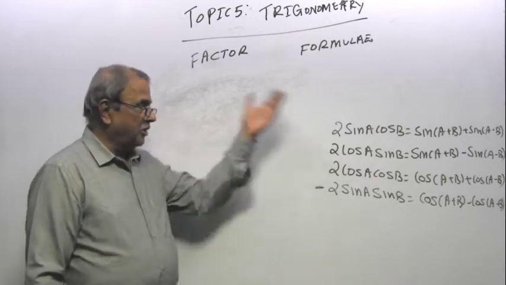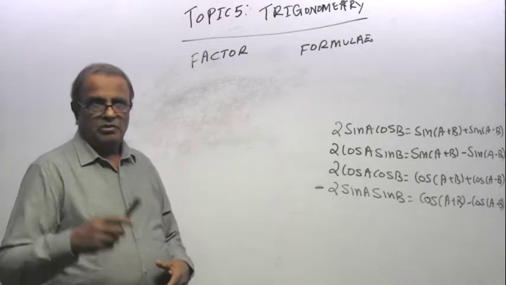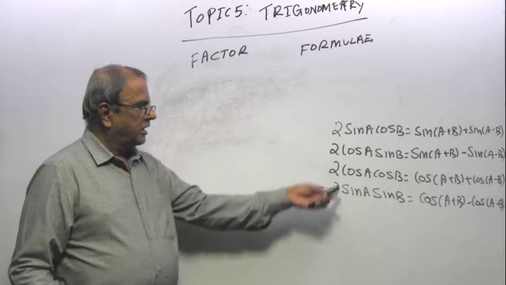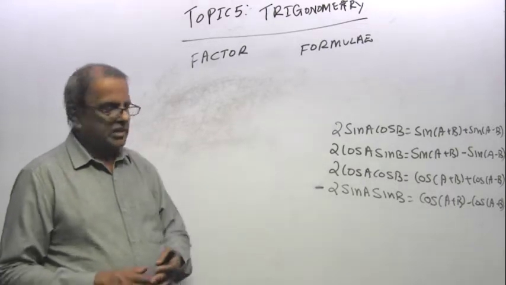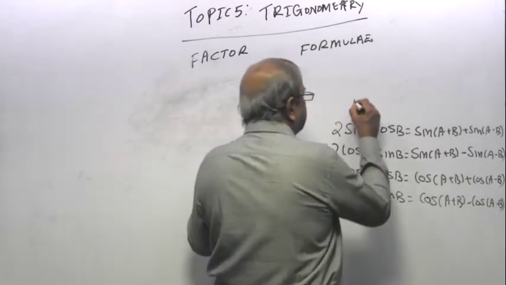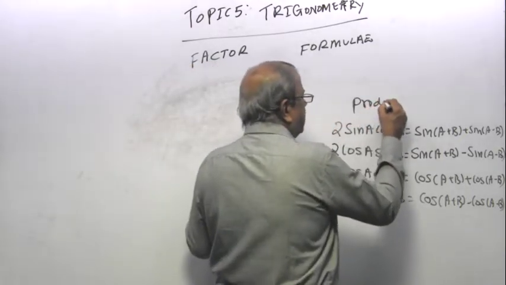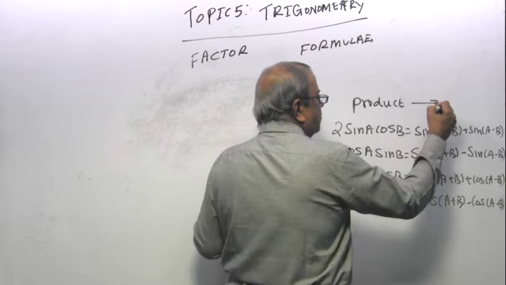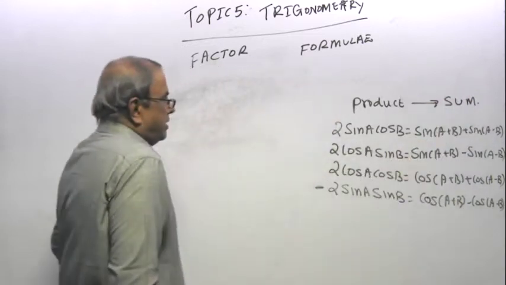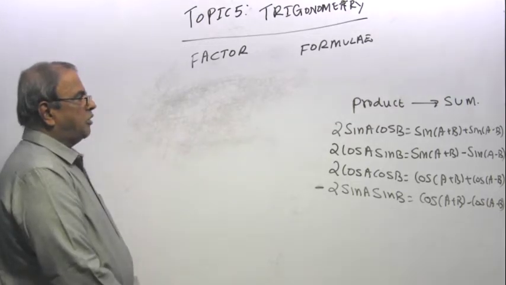Instead of doing that, you could use this formula. People who are doing integration by parts or integration under trig, I will revisit this. But I have a purpose in taking this. Look, this is a product, and the product is being expressed as a sum. So these are the product to sum formulae.